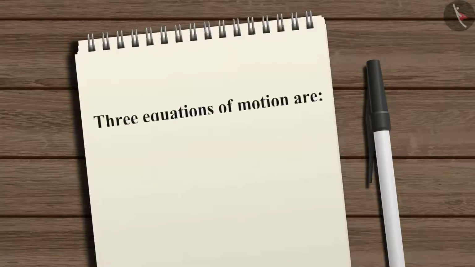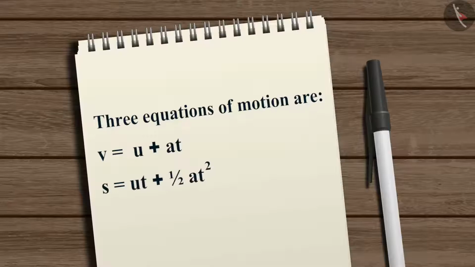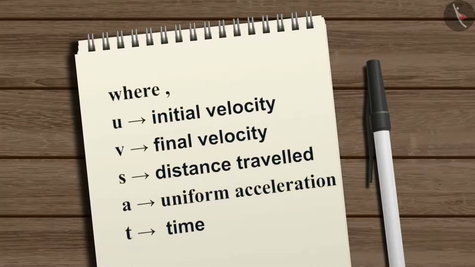The three equations of motion are v = u + at, s = ut + 1/2 at², 2as = v² - u², where u is initial velocity, v is final velocity, s is the distance travelled, a is the uniform acceleration, t is time.